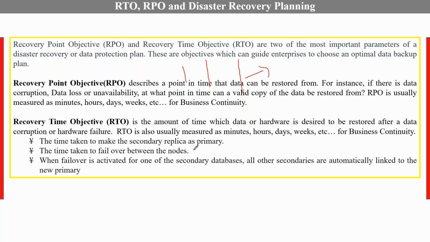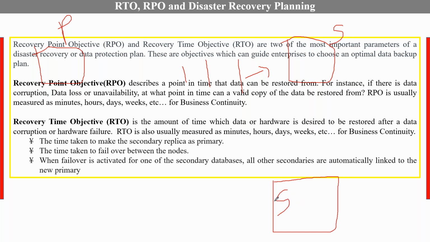For easy understanding, assume this is my primary, this is my secondary, and this is my standalone server. Till now, whatever we did is standalone. Will you agree or not? My database size is 1.5 TB. Assume my database is corrupted. How much time will you take to bring my database online again?